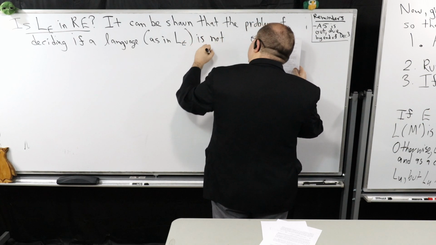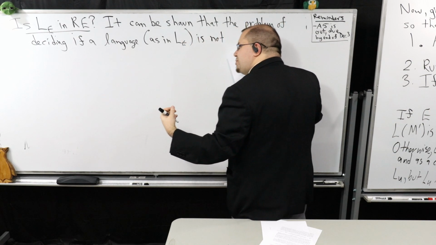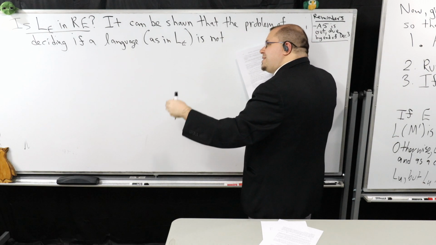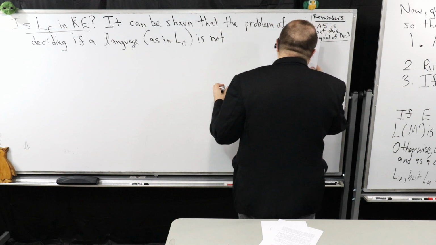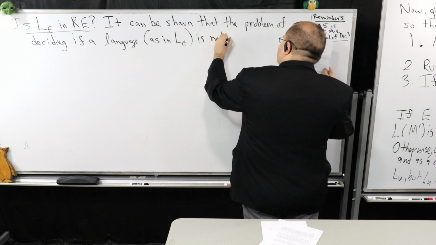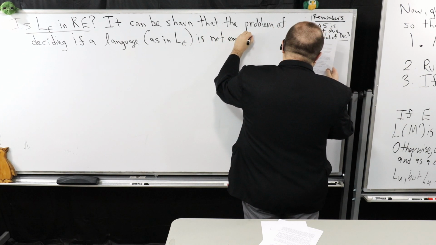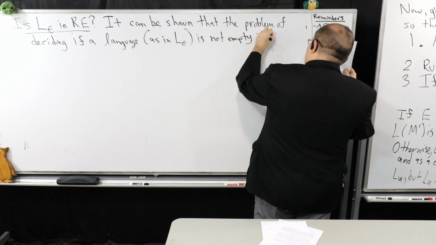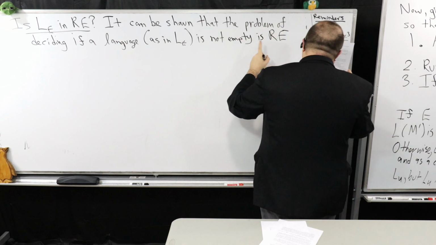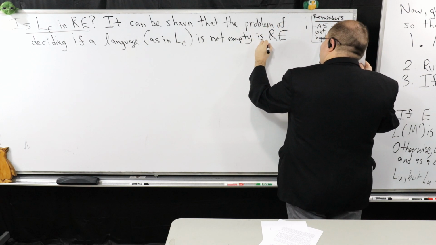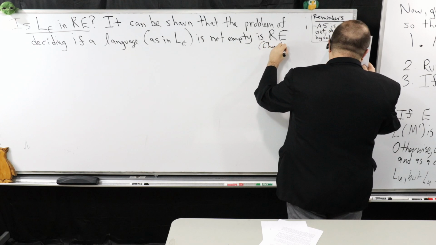So this is essentially the exact same definition I gave you for LE, except replace the equals empty set with not equals empty set. Is not empty is recursively enumerable.